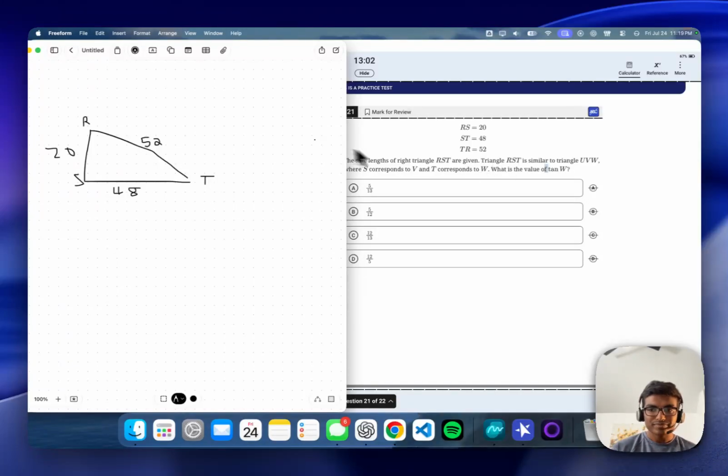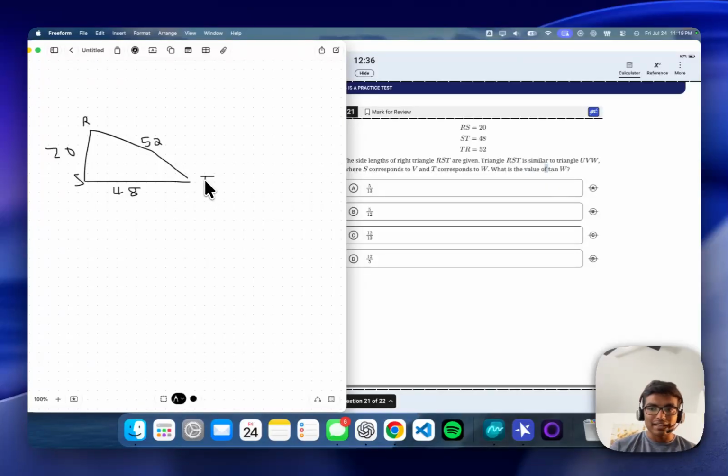Okay. This is all like fluff, essentially. But so tangent W, so W corresponds to, actually, one second. T corresponds to, yeah, okay. So W, right, corresponds to T. So what is the tangent of T?